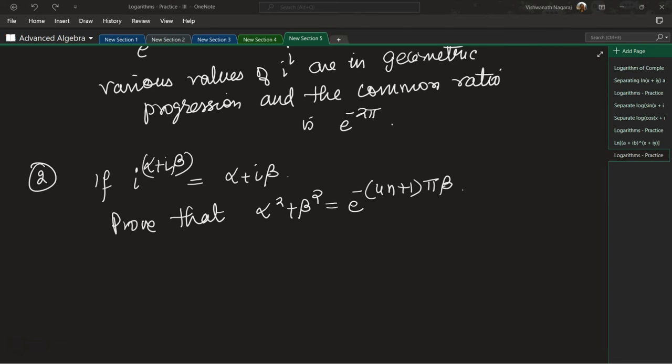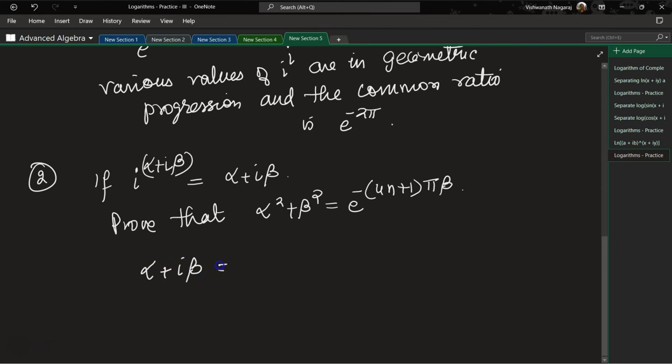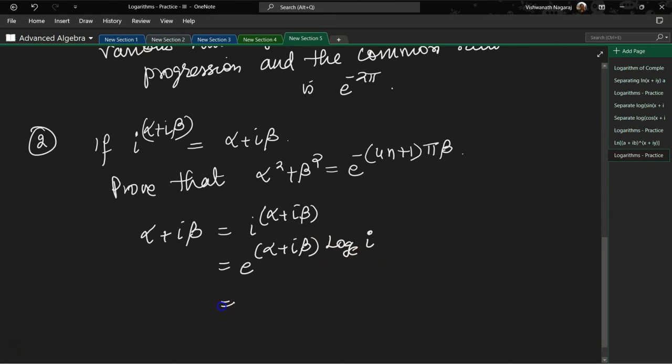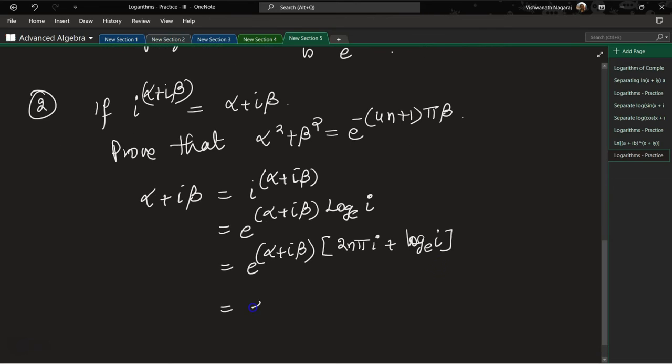Let's proceed. Alpha plus i beta is equal to i to the power of alpha plus i beta, which can be written as e to the power of alpha plus i beta times log e of i. This log can be written as e to the power of alpha plus i beta times 2n pi i plus log e of i.